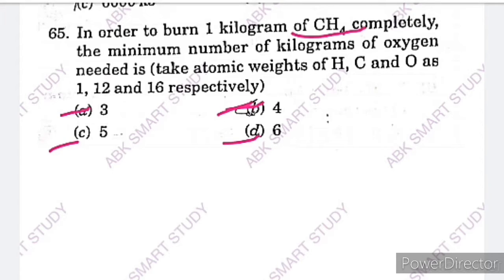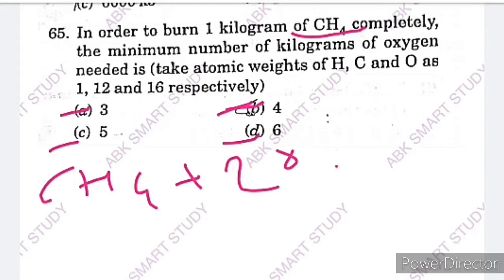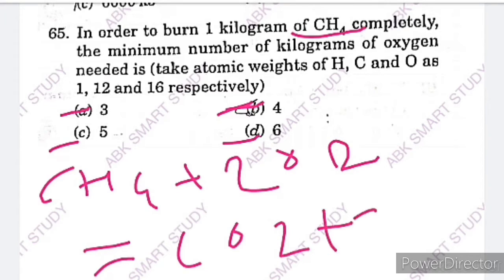4 kg of oxygen is required to burn 1 kilogram of CH4, and the reaction is represented by CH4 plus 2O2 equals CO2 plus 2H2O.